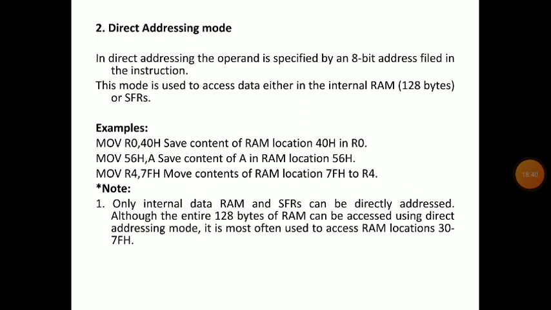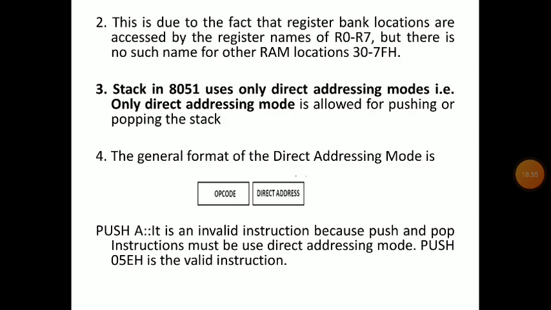So only internal data RAM and SFRs can be directly accessed. Although the entire 128 bytes of RAM can be accessed, most often we use RAM locations 30 to 7FH, because below 30 we have the register banks, the lower 32 bytes, and after that the bit addressable area is there.